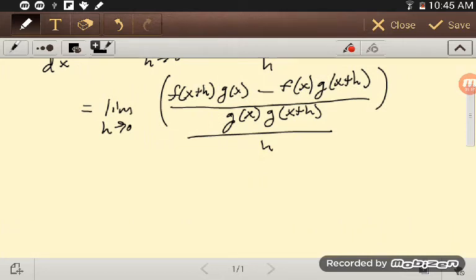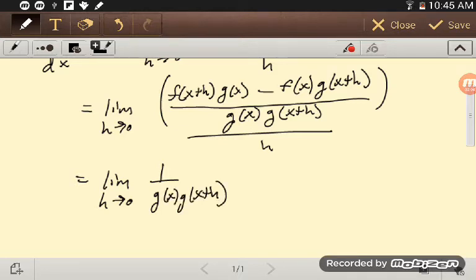Now I invert and multiply, and actually I'm going to just remove the two g's under there over to the side. So there, now I still have the limit of the one, x plus h, g of x plus h. So I'm just going to write this for now as 1 over g of x, g of x plus h, like that.